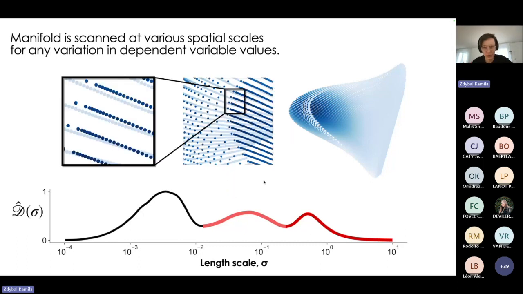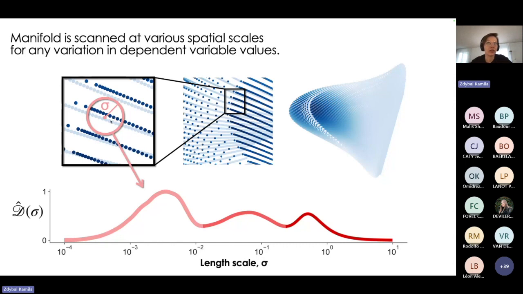And then we basically keep going. We scan that projection over even smaller length scales. So now we go to really small length scales. We zoom in on that region, for example, and we start scanning it there. And in this case, I'm still seeing a lot of variation, especially because of that overlap problem.